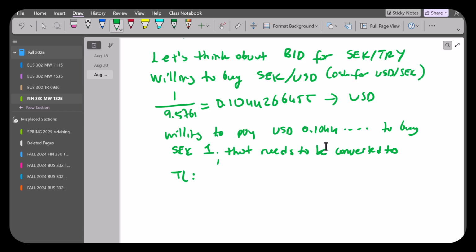I'm willing to pay that much US dollars, but I need to convert that into Turkish lira. Well, where am I going to get that 1044 US dollars? I'm going to do that by doing what? I need to buy that much US dollars and pay in Turkish lira, right?